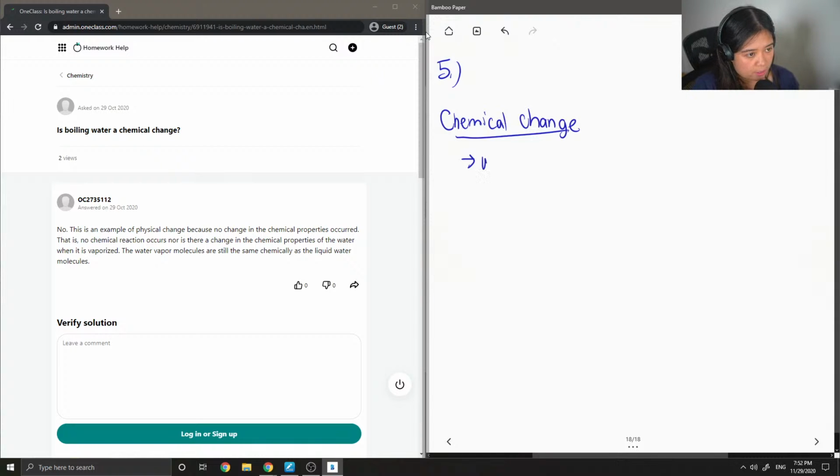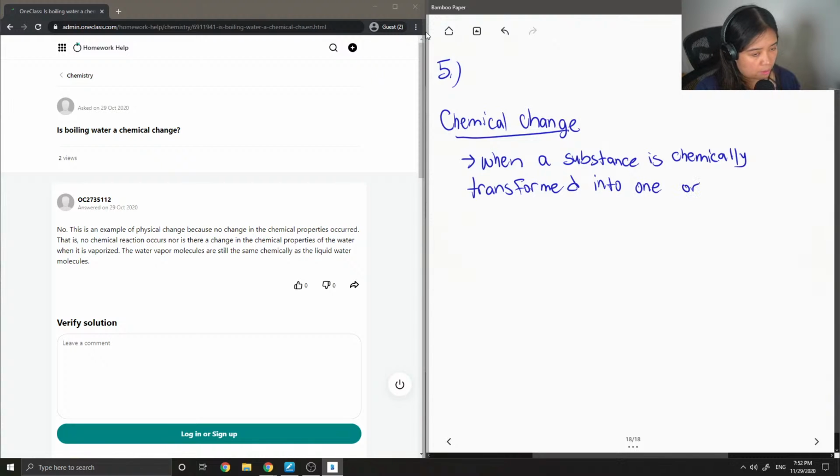Chemical change is when a substance is chemically transformed into one or more different substances.